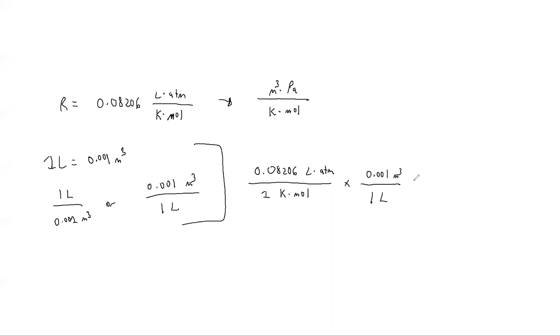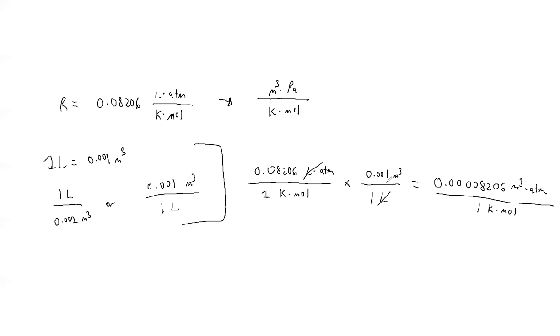Got it. Okay, well, liters cancel out. I'm left with my units up top. You can see are now meter cubed atmosphere over Kelvin mole. So I'm halfway there. And this intermediate answer is 0.1234820 meter cubed atmosphere over 1 Kelvin mole.